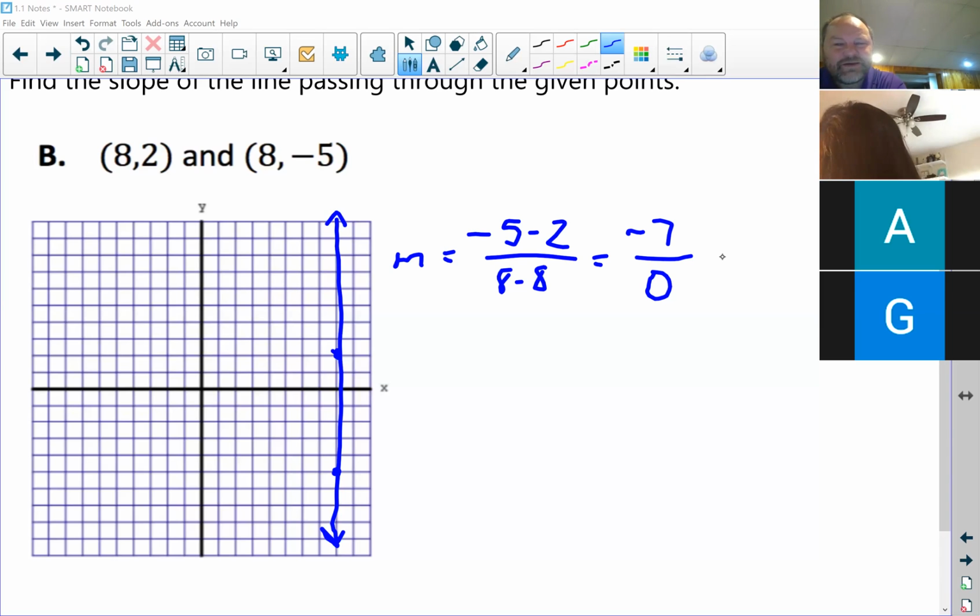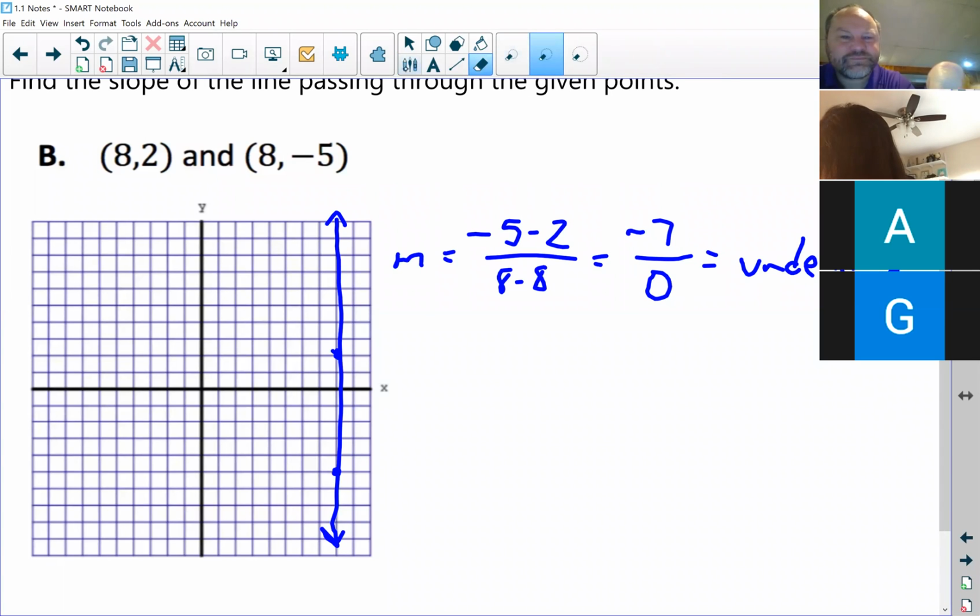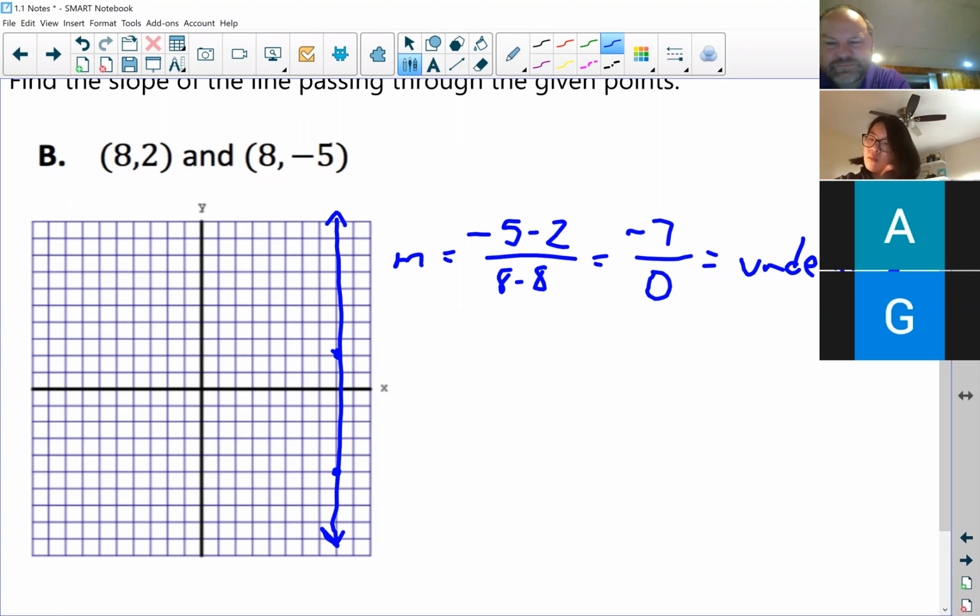This is undefined. So we can't divide by 0. So if we have 0 in the denominator, we call it undefined. And for a slope, it's just called an undefined slope.